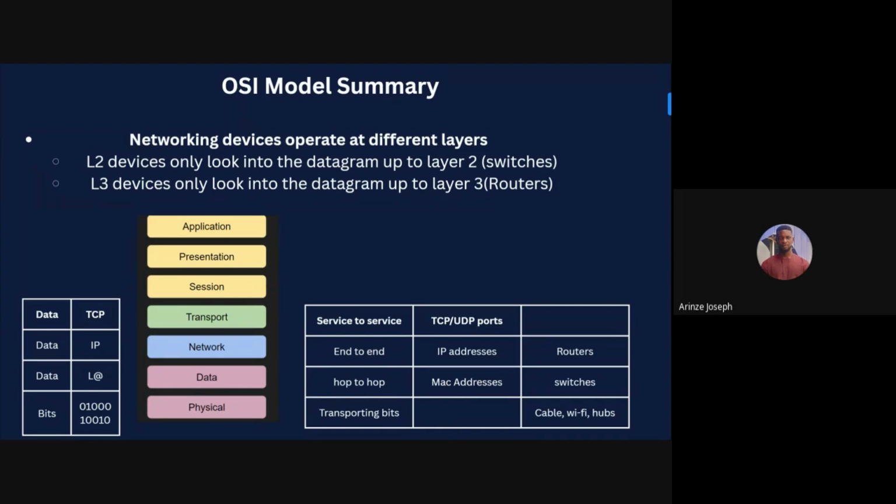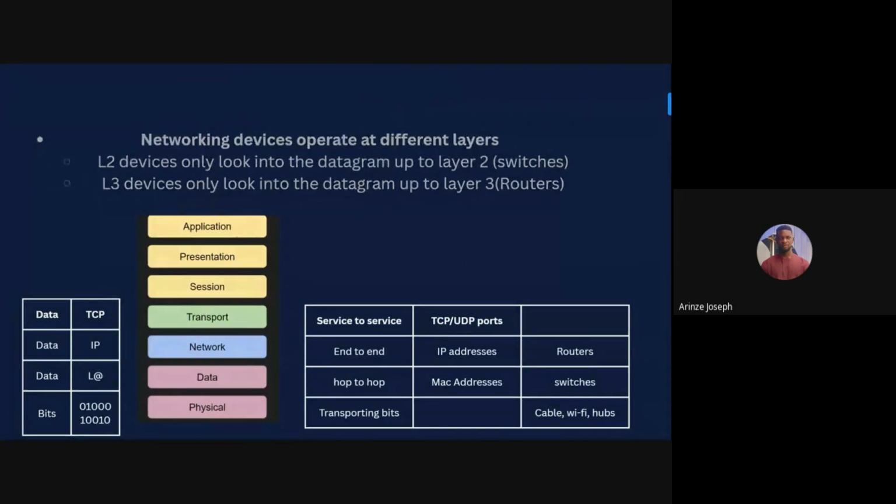Then there are the session, presentation, and application layers, which see to interpretation of the visual transmission of data, or presentation of data to your screen.